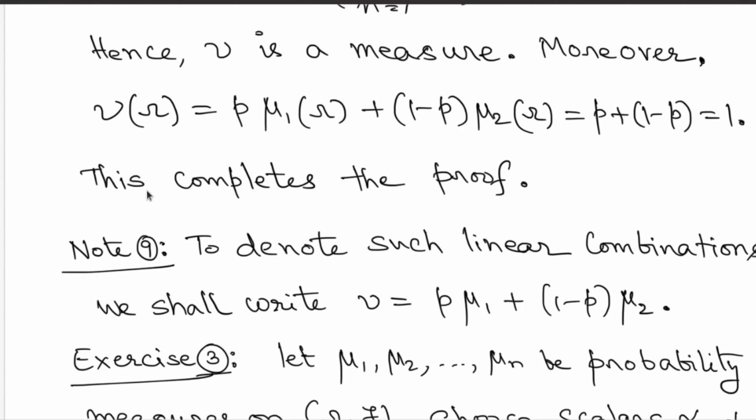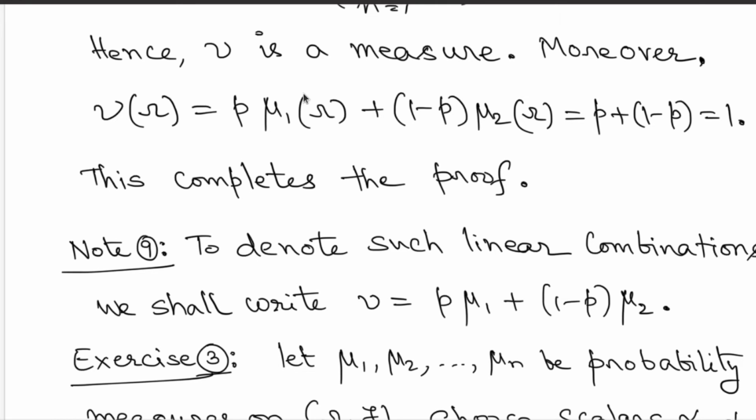But our original claim was that this measure is in fact a probability measure. How do you check this? All you have to check is the measure of the whole set. So we look at the size of the whole set omega. Nu of omega, what is this? Put in the definition. This is nothing but the convex linear combination of the size of the set omega according to mu1 and mu2, with the weights p and 1 minus p.